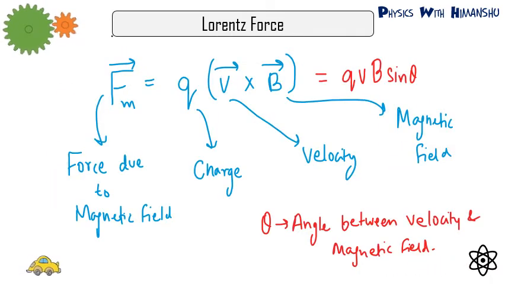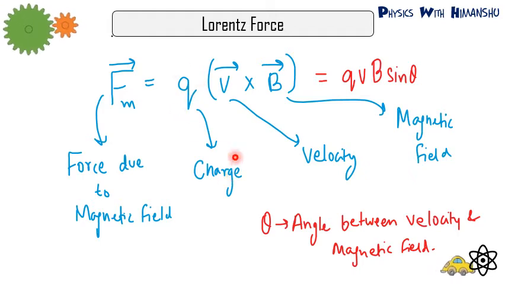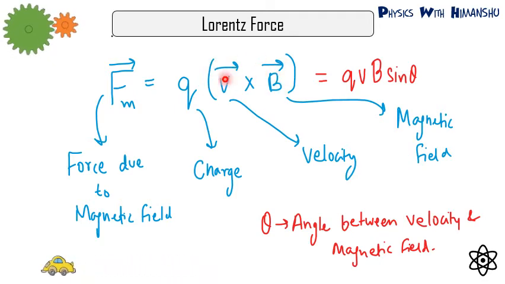Okay, so the next important thing is, if a moving charge experiences a magnetic field, then what is the magnetic force? F is the force due to the magnetic field and the value of this force will be F = q(v × B). q is the value of the charge. If it is positive, put positive. If it is negative, put negative. v is velocity, B is magnetic field. v is a vector quantity, B is a vector quantity, and there is a cross product of the two vector quantities, so we have force, which is also a vector quantity.